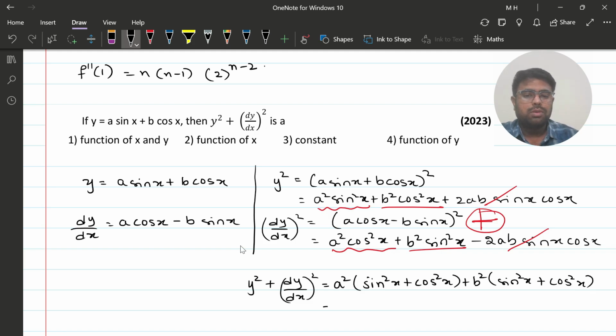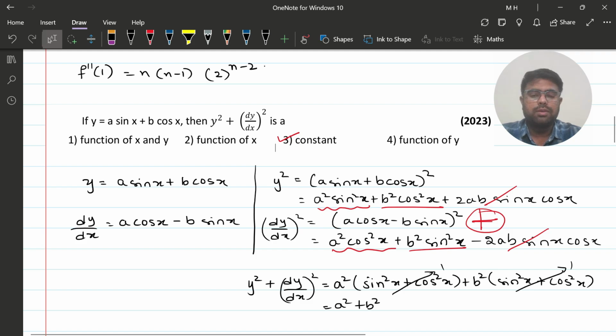So this is 1 and this is also 1, so I'm going to get a square plus b square. So a is a constant, b is a constant, therefore a square plus b square is also a constant, so y square plus dy by dx whole square is a constant. That is our option 3. Okay, so that is what we have.